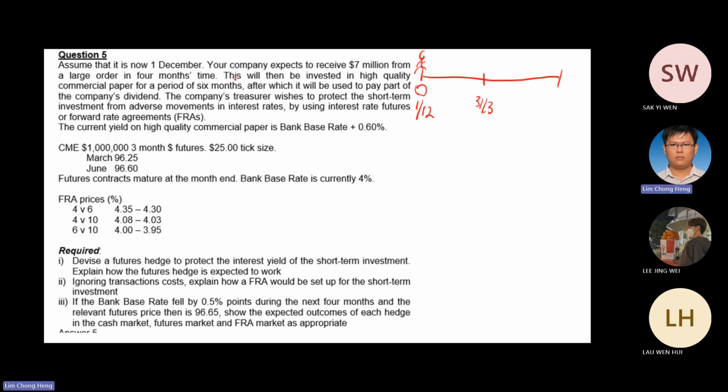Okay, and then you will receive 7 million here. Then you will use the money to invest in a high quality commercial paper for 6 months. After 6 months it is the end of September.